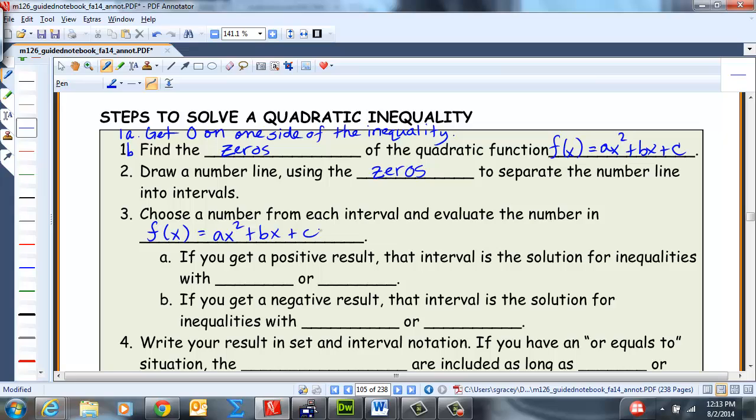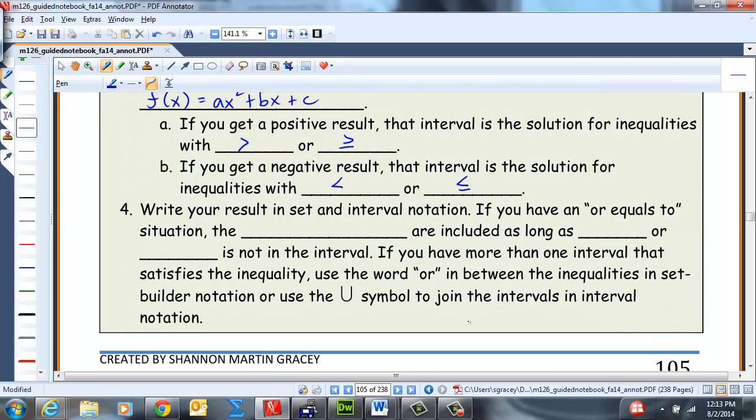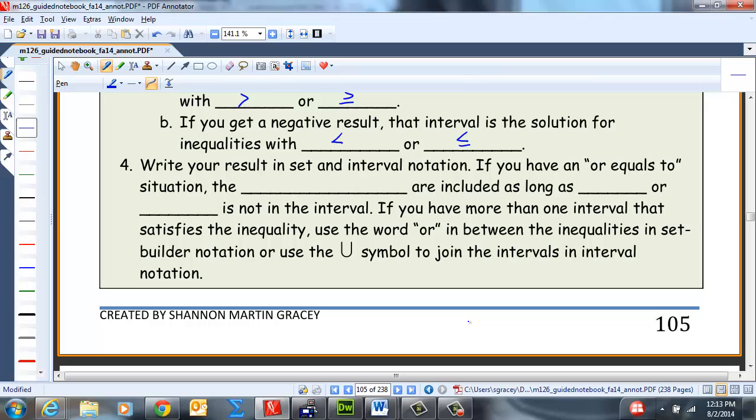If you get a positive result, then that interval is the solution for inequalities with greater than or equal to. If you get a negative result, then the interval is the solution for less than or equal to. Then you write your result in set and interval notation.